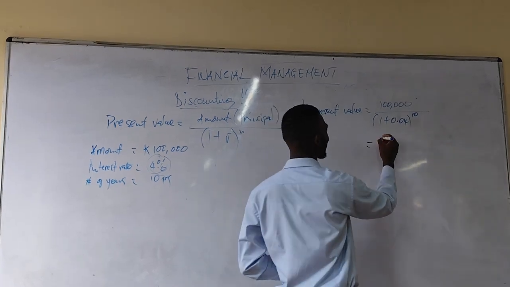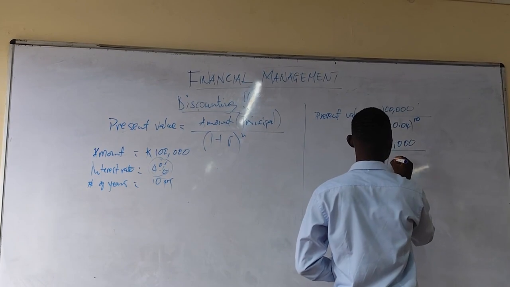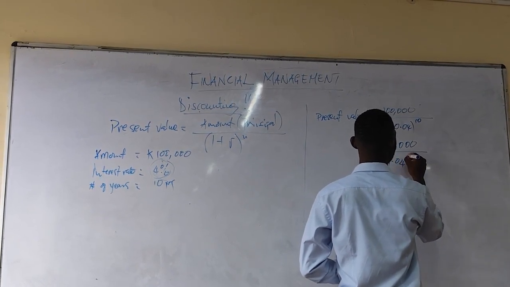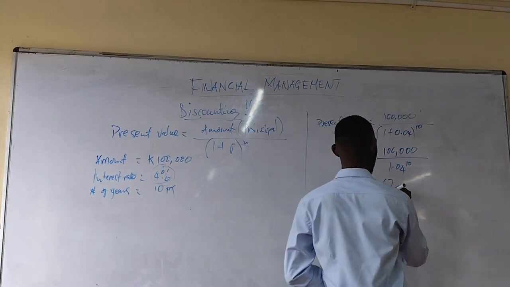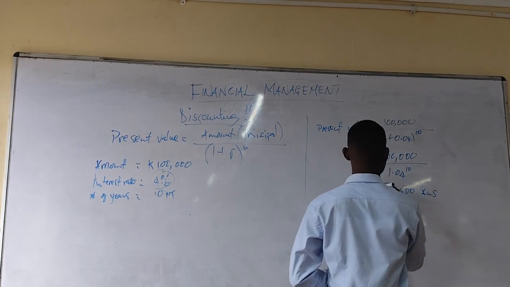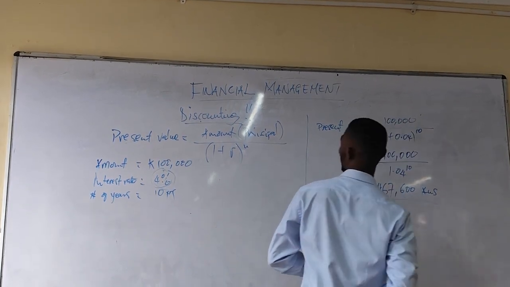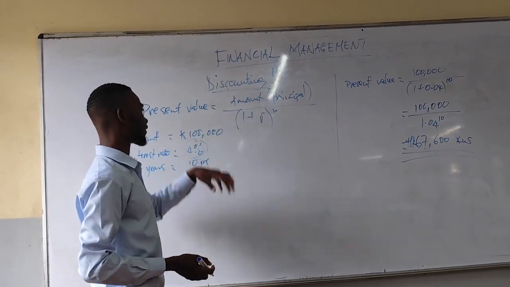So from here we'll have something like this. After punching in your calculators, we'll find the answer. So this is how we can solve discounting on the present value.